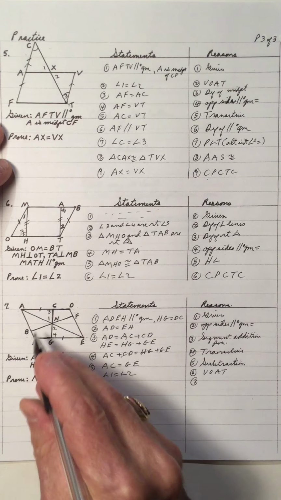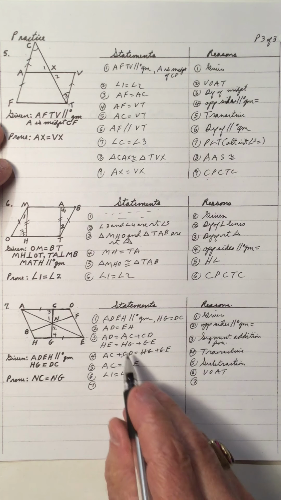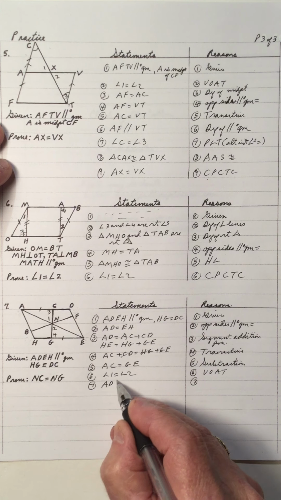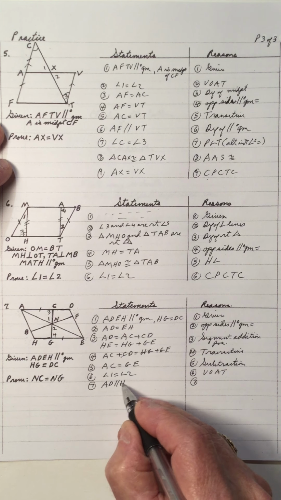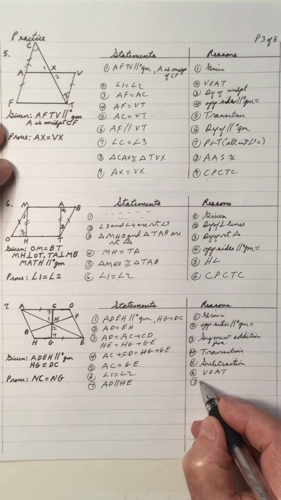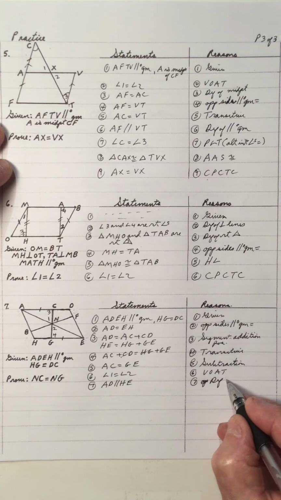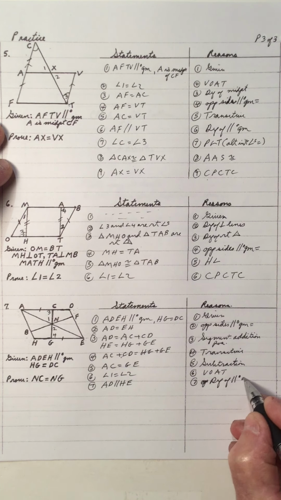Notice doing the proof beforehand. Now do I have the parallel lines? Nope. So I have to say AD is parallel to HE. Opposite, or I could say definition of a parallelogram.